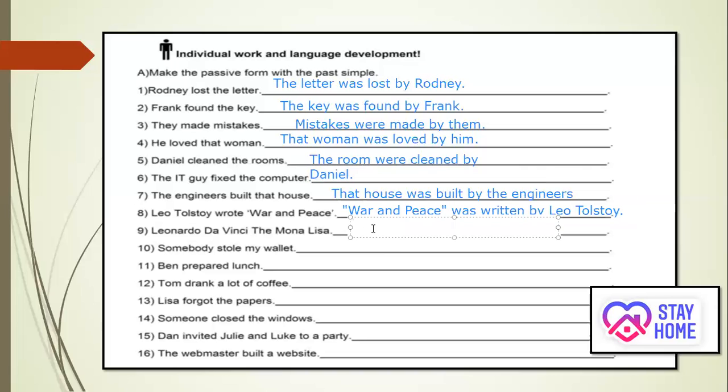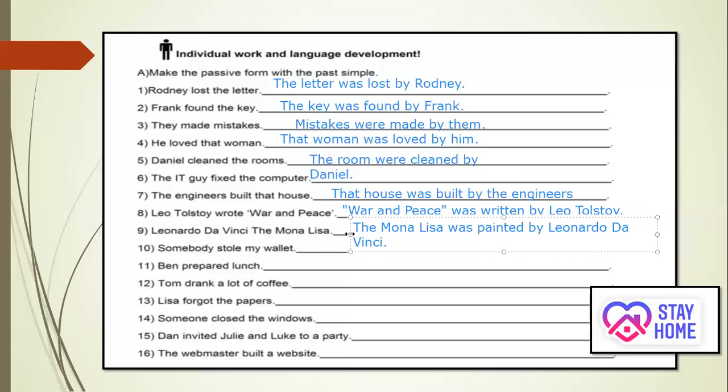We have another one. Leonardo da Vinci painted the Mona Lisa. So it's going to be the Mona Lisa was painted by Leonardo da Vinci. And I will do it like this in here.